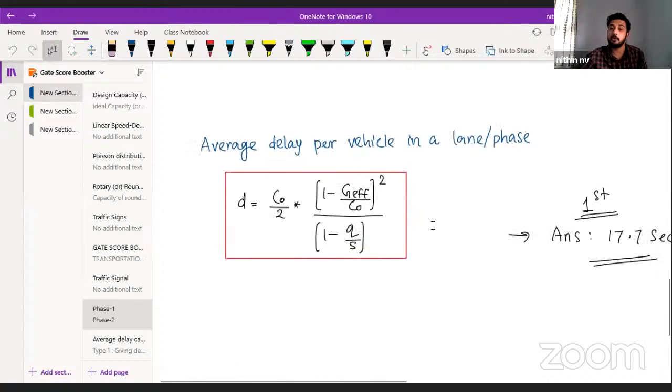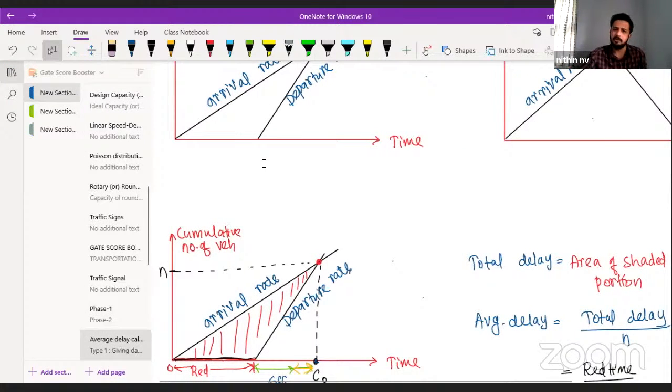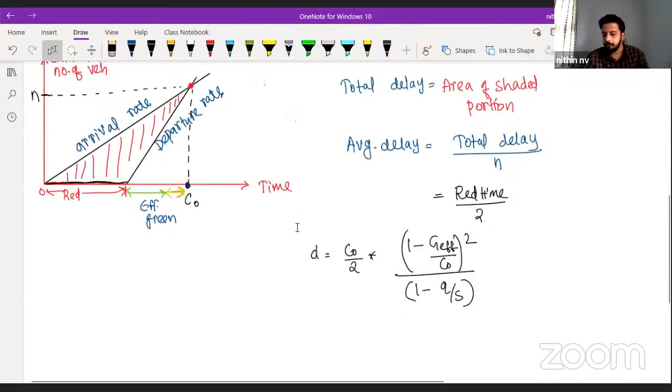This equation we can use if they are meeting correspondingly at C0. In other cases, we cannot use this equation, only if it is meeting at C0. Or leave it, no issue. We can just remember that shaded portion divided by N is the average delay. That's it. Okay. Understood? Is it clear, everyone?